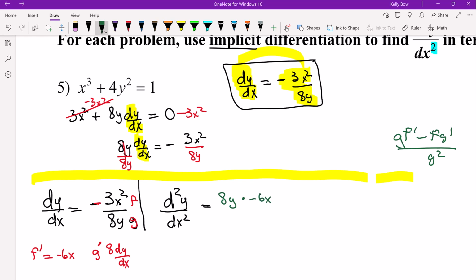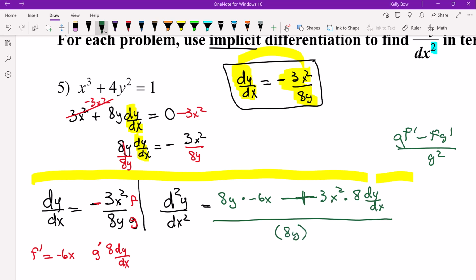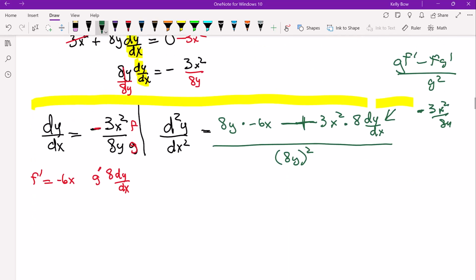We're going to subtract f, well, subtract a negative, that's going to become adding, times the derivative of g, which is 8 dy dx, and then all of that will be over g squared. But where this dy dx was, we're going to end up substituting negative 3x squared over 8y, and I'll do that with the next step.